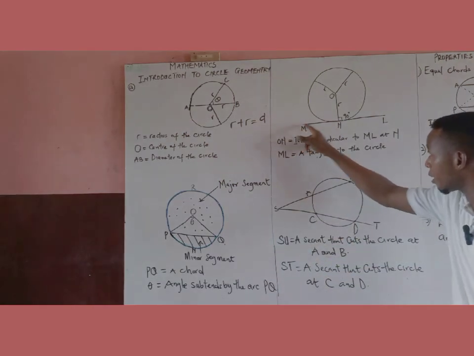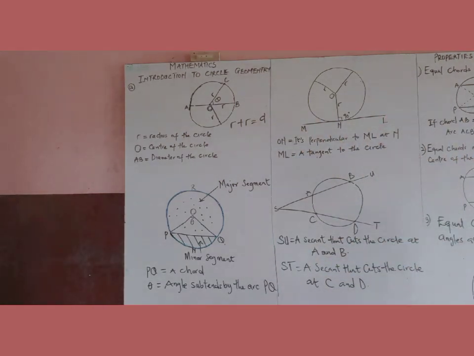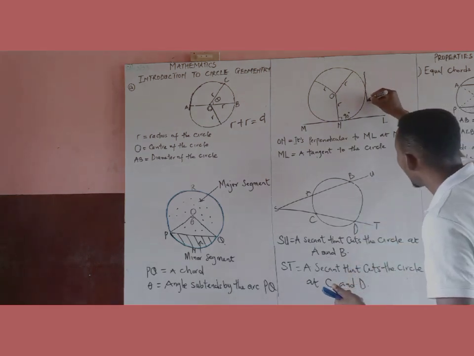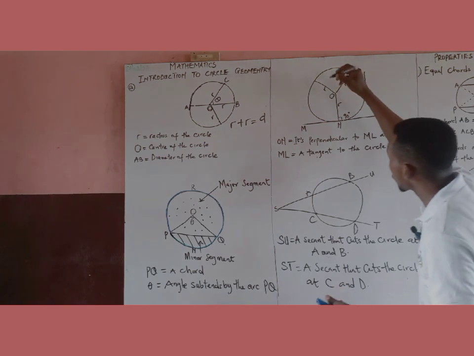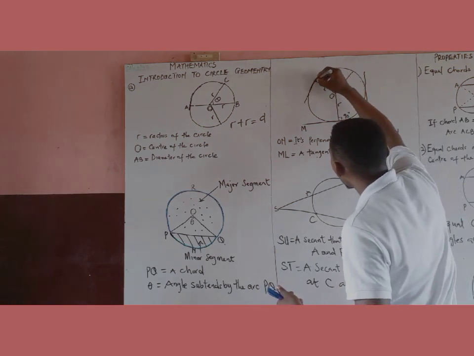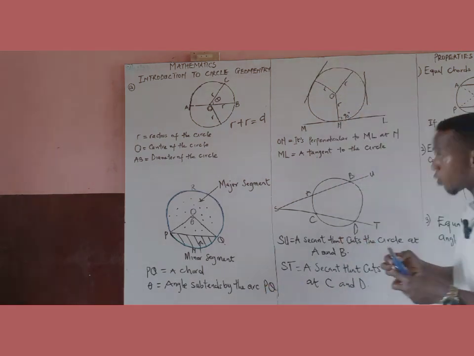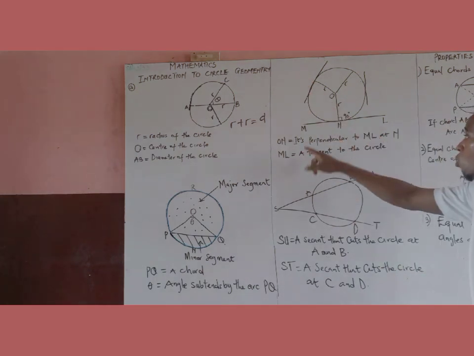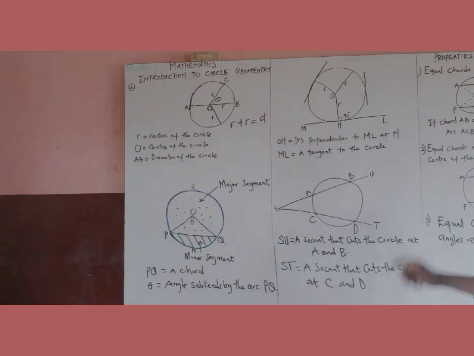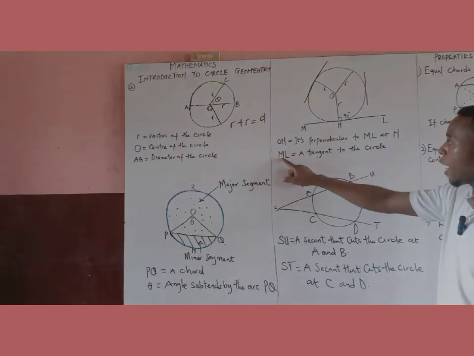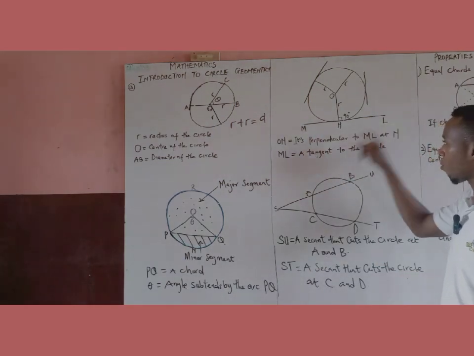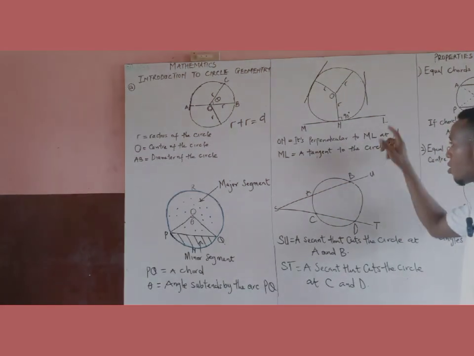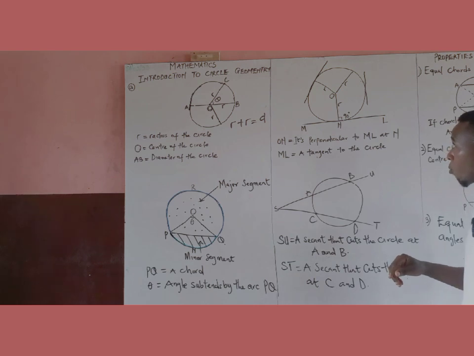You can have it here, or here, and it's a tangent. So far as it touches the circle at the circumference, it is known as a tangent. And you can see here that ML is a tangent to this circle.